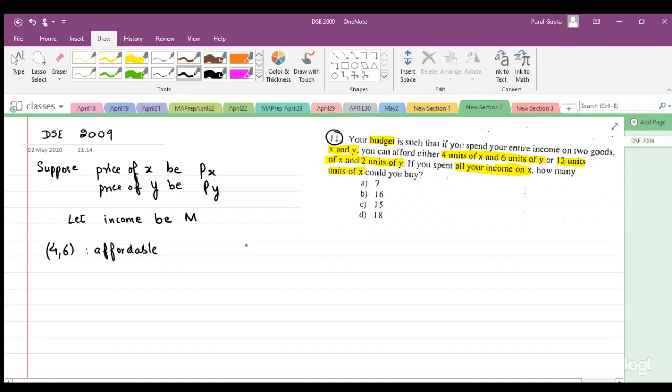So if we write the budget line, that is X Px plus Y Py equal to M, this 4, 6 is going to satisfy this budget line.